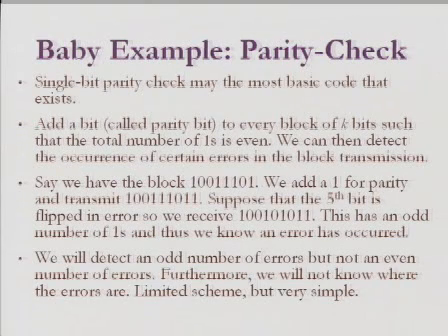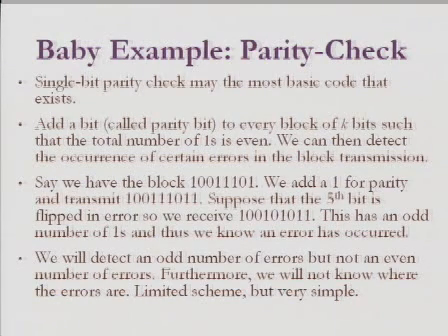Simple parity bit check. Now, an obvious problem is that if we flip 2 bits, right, it doesn't work. Because if we flip 2 bits, we're going to have 4 ones. So we're going to say, OK, we're good, but we're not good, right? So this simple technique is very basic.